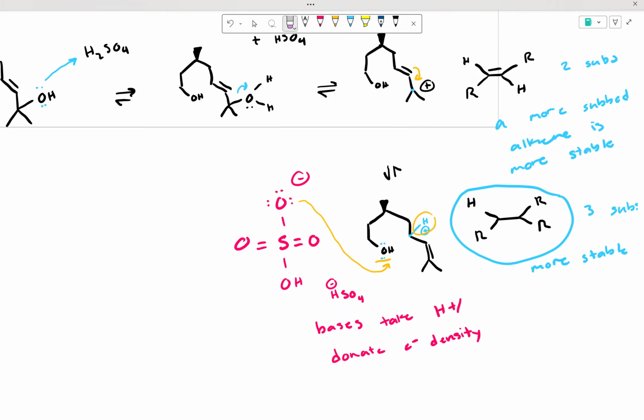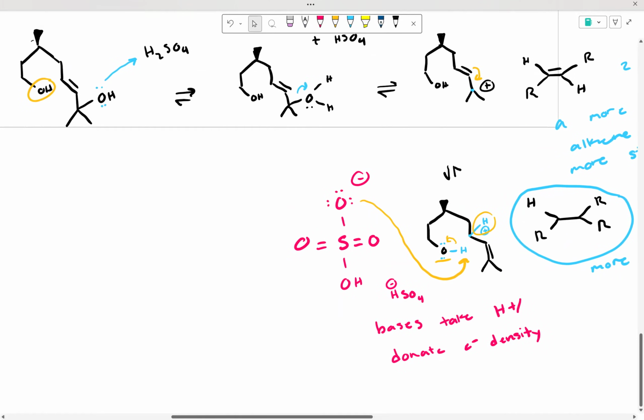So when we take that hydrogen here, it's going to push electrons. Let me redraw this so it's more clear. This oxygen is going to take that hydrogen. The OH bond is going to dissolve, and the oxygen is going to take the electrons because it's more electronegative.